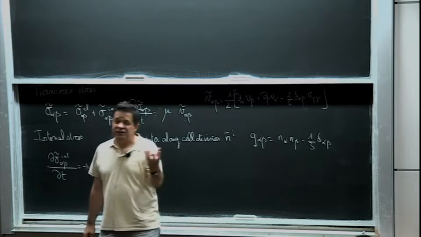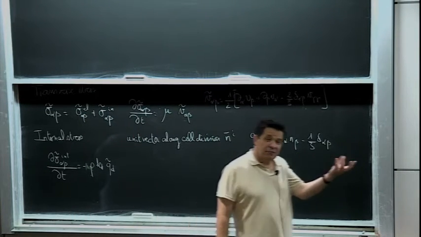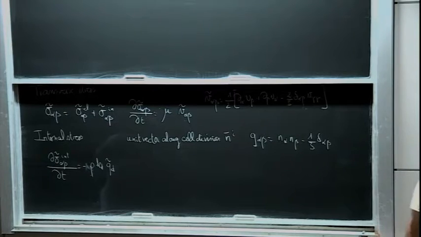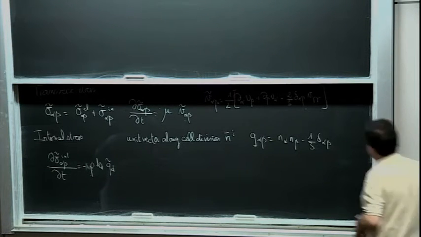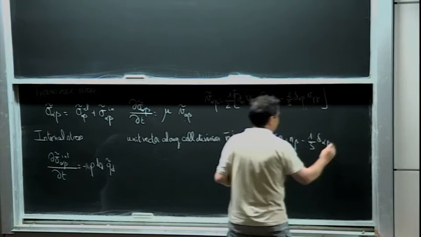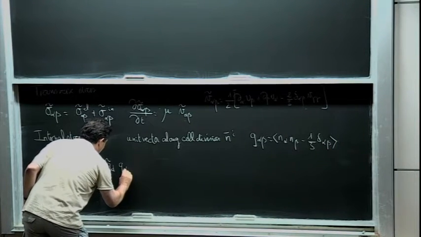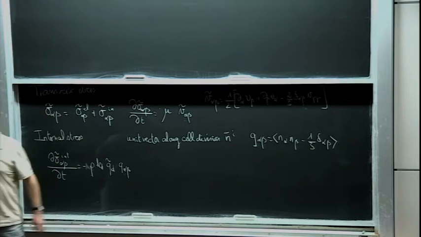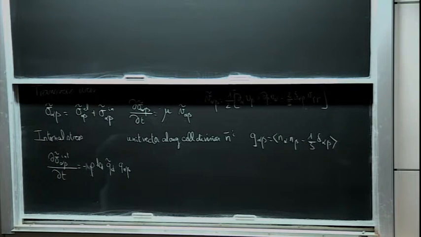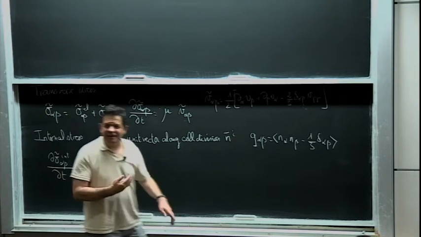And then if I want to see what happens around a given volume, I will average over all the cells in a small volume. So I put Q alpha beta here. So that's what the physics tells you.